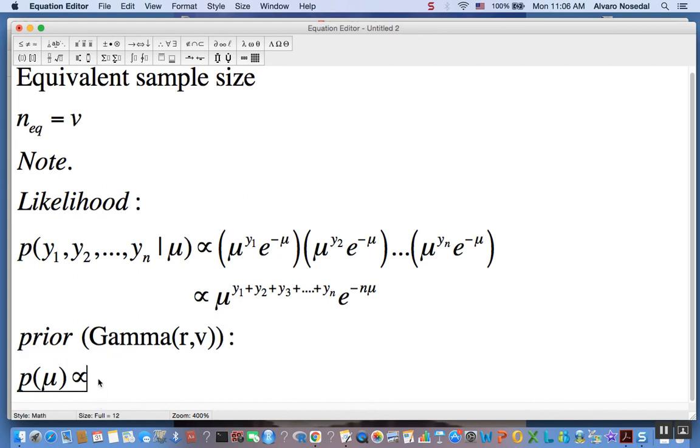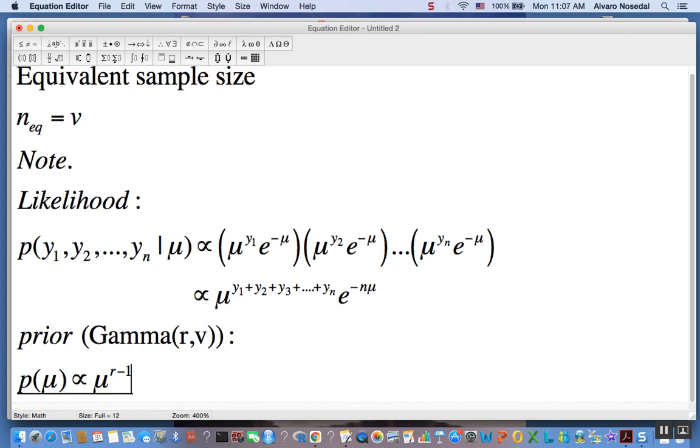And if we think about the kernel, meaning the PDF but ignoring the constant that makes it a legit PDF, that makes it integrate to 1, then what we have is mu to the power r minus 1 and e to the power minus v times mu.